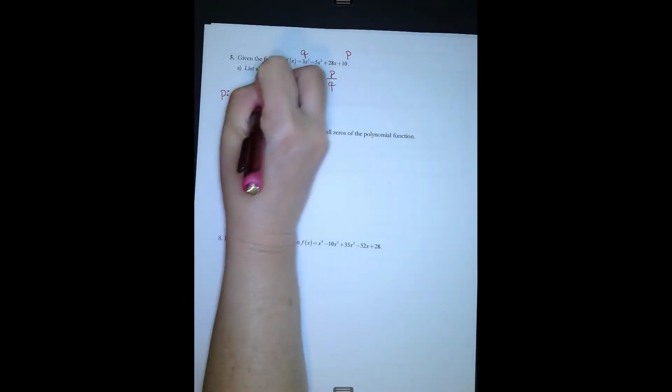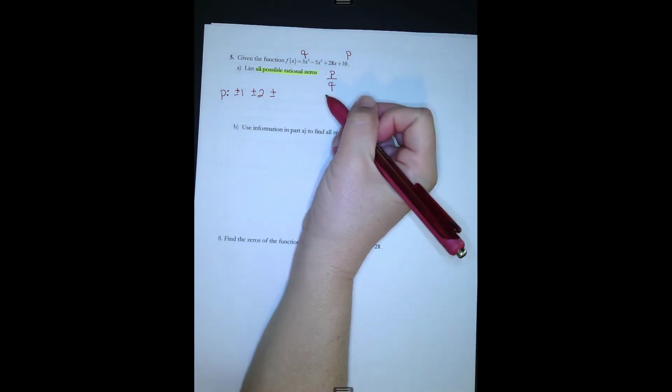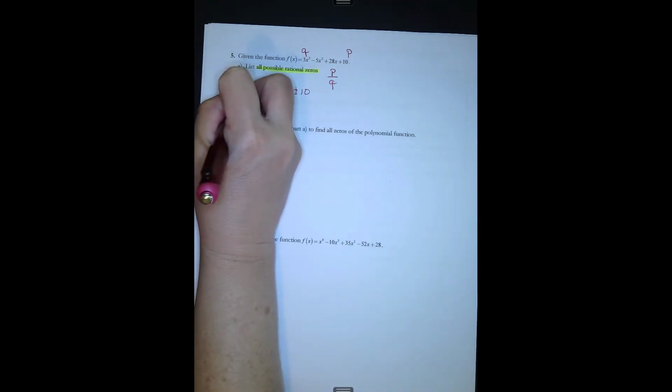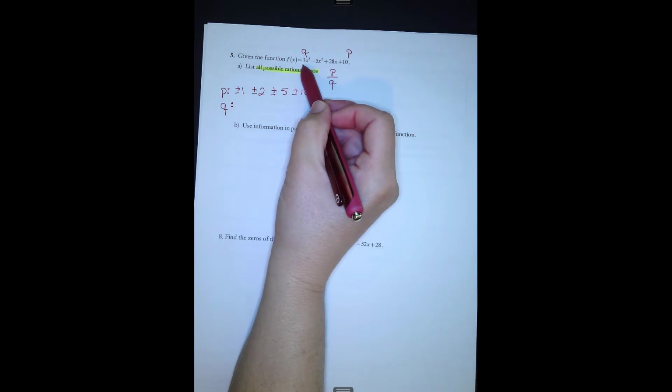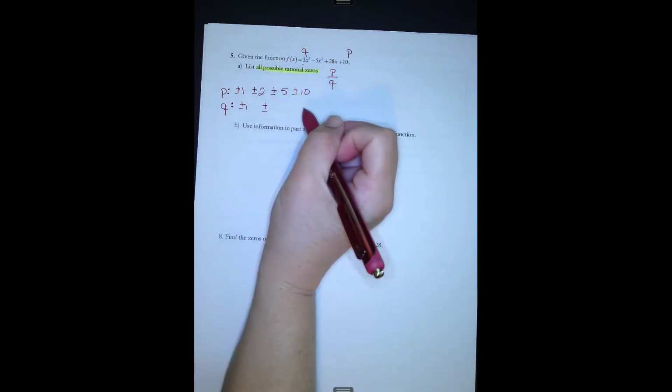So all of our factors of P, so 10, would be plus or minus 1, plus or minus 2, plus or minus 5, plus or minus 10. All of our factors of Q, so possible factors of 3, plus or minus 1, and plus or minus 3.